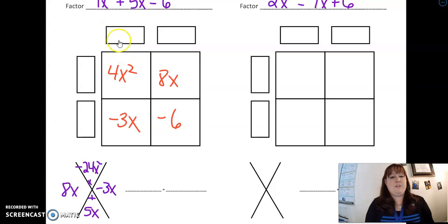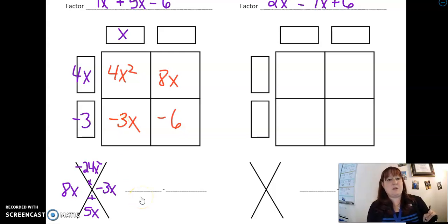Well, if I put 2x up here, I really couldn't get to negative 3x, could I? So these have to be 4x and 1x. So this has to be a 4x, and this has to be an x. That would give me 4x squared. And then if I need it to multiply by this to get to negative 3x, I can multiply that by negative 3, and that would give it to me, right?